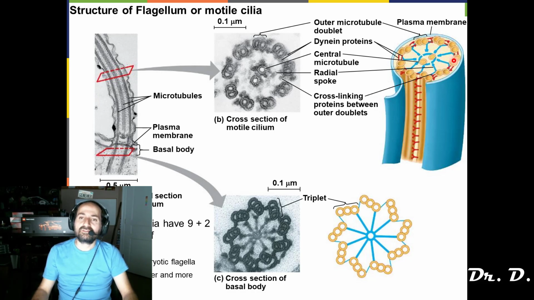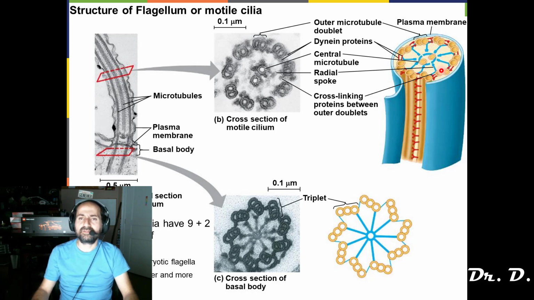So there are 9 doublet microtubules in a circle, and in the center there are 2 single microtubules. They call this the 9 plus 2 arrangement of microtubules, because you have 9 doublets encircling 2 singlet microtubules.